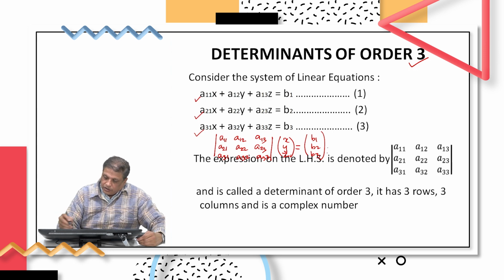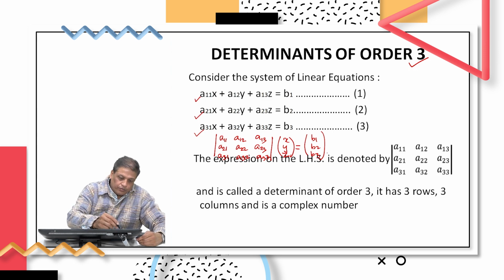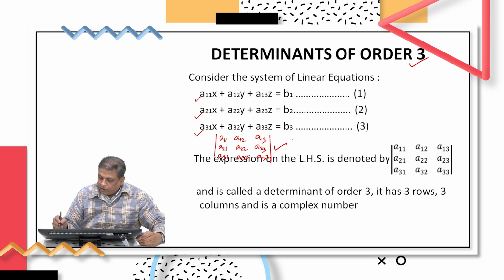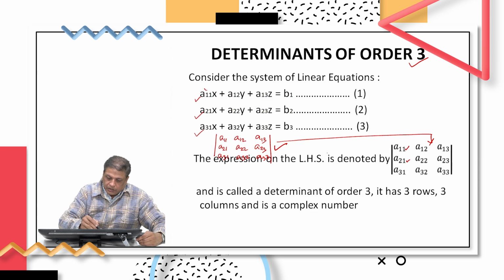Now this is a determinant of order 3. You can map it with this: A11 is this value, A21 is this value, A31 is this value, the coefficients of x, y and z.